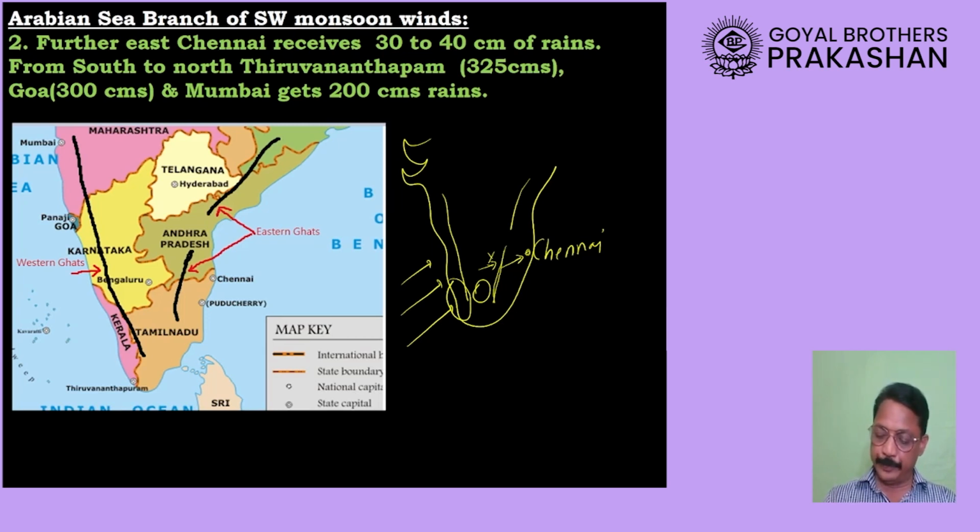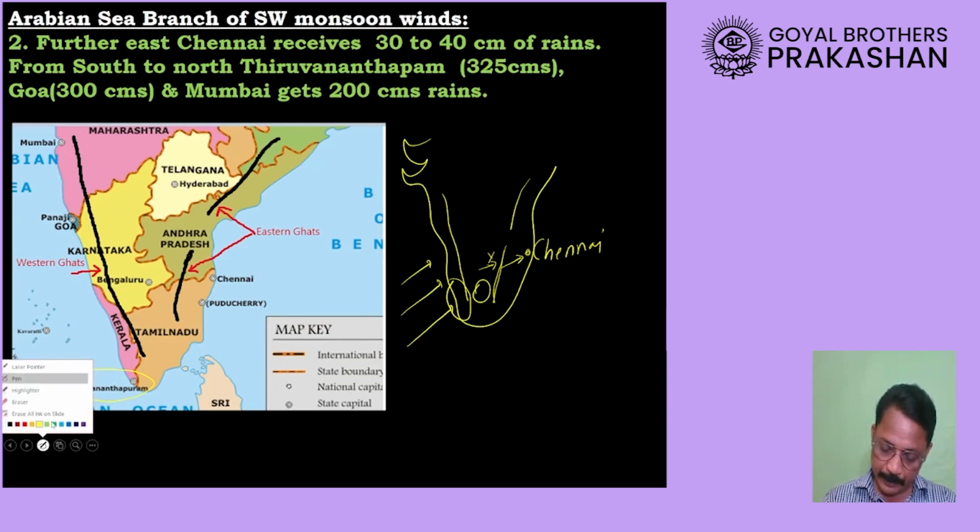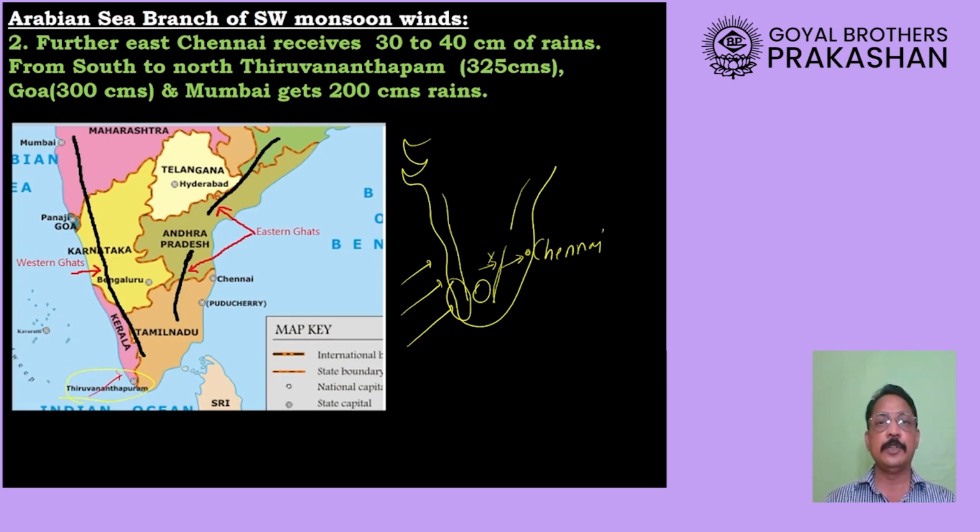It means the distribution of rainfall that we understand over here is not equal. Now look at the map carefully. Here is Thiruvananthapuram. It is the first place that will be receiving the rainfall, and therefore here the amount of rainfall will be about 300 to 325 centimeter.